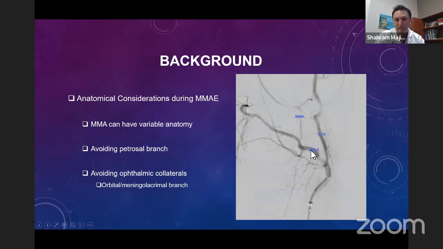You see the STA, IMAX, and middle meningeal artery taking off. However, in rare cases, the middle meningeal artery can originate from the ophthalmic artery or, rarely, directly from the internal carotid artery. In those cases, embolization of the middle meningeal artery might not be safe for this purpose.